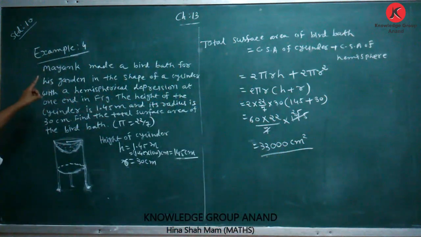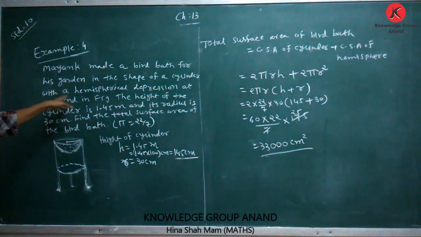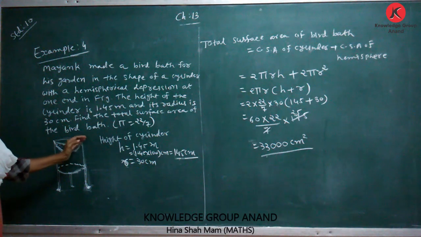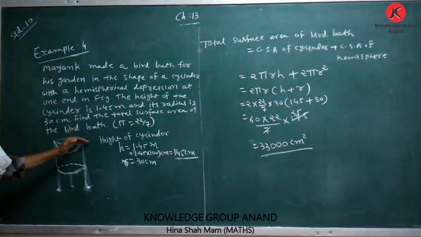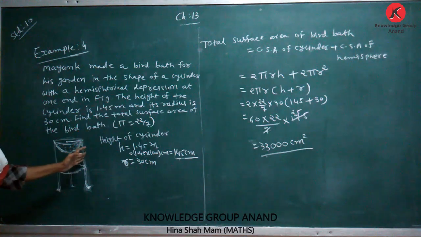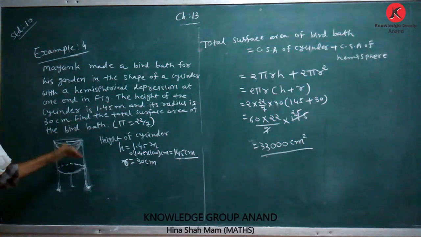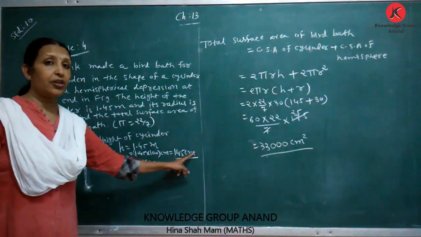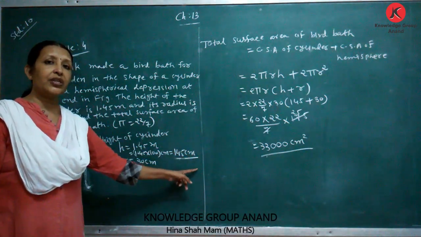Again the question: Mayur made a bird bath for his garden in the shape of a cylinder with a hemispherical depression at one end, as shown in the figure. The height of the cylinder is 1.45 meter and its radius is 30 centimeter. We convert 1.45 meter into centimeter, which is 145 centimeter.